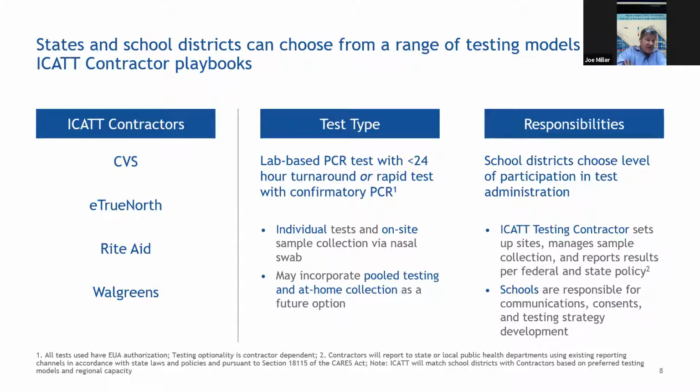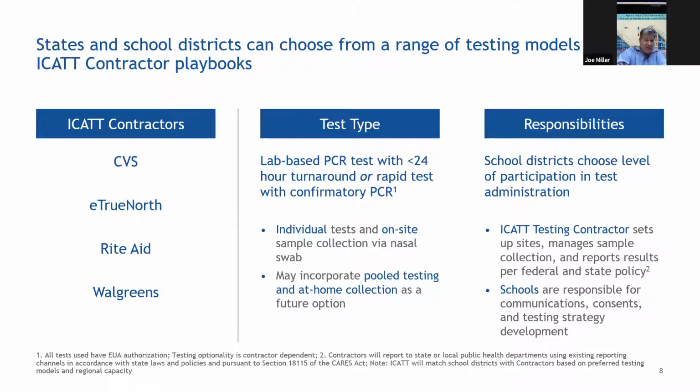Each contractor provides a slightly different offering. So the ICATT team will be pairing contractors and districts based on priorities, their geographic location, and best fit of services to needs. We've tried to make this resource as turnkey as possible, but there are some processes that will remain the responsibility of the schools.